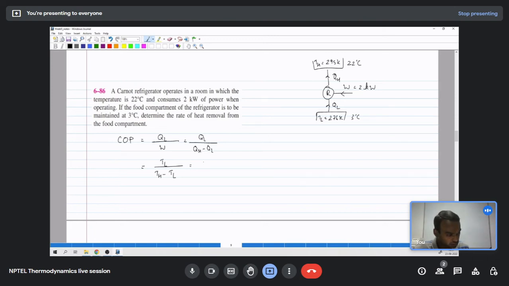So TL is 276 and TH is 295, TL is 276 again. So we have a COP of 14.5.